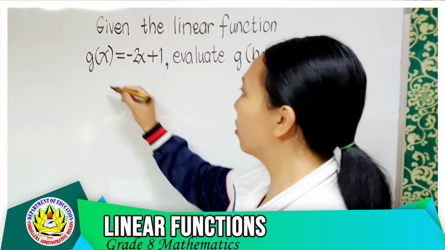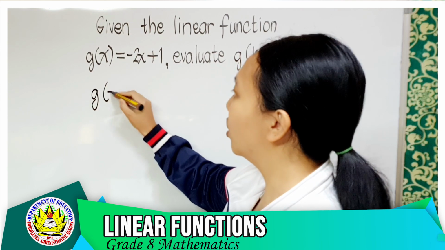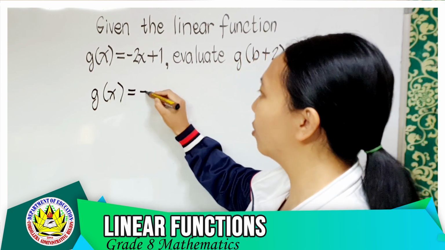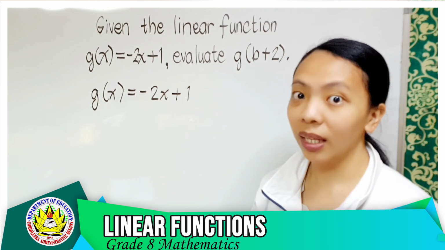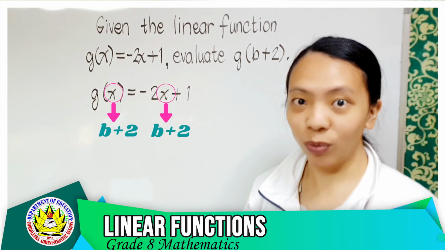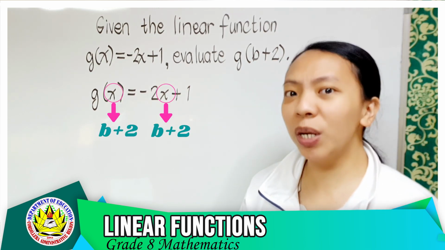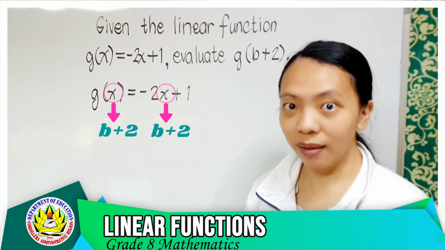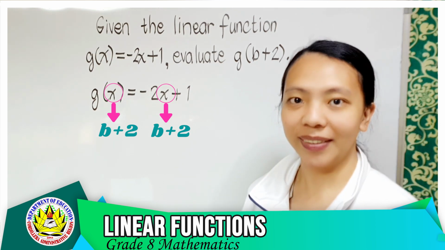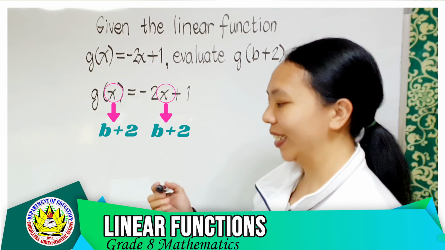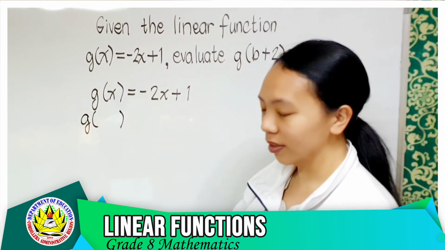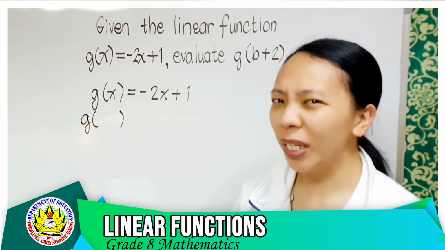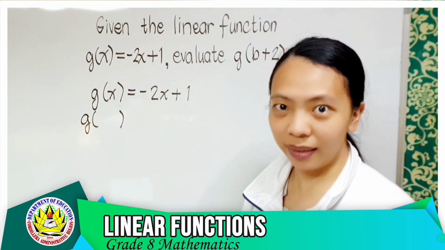So, in the original function, g of x is equal to negative 2x plus 1. Every x that we see should be replaced with b plus 2. Let's do that. G of, what will we replace x with?